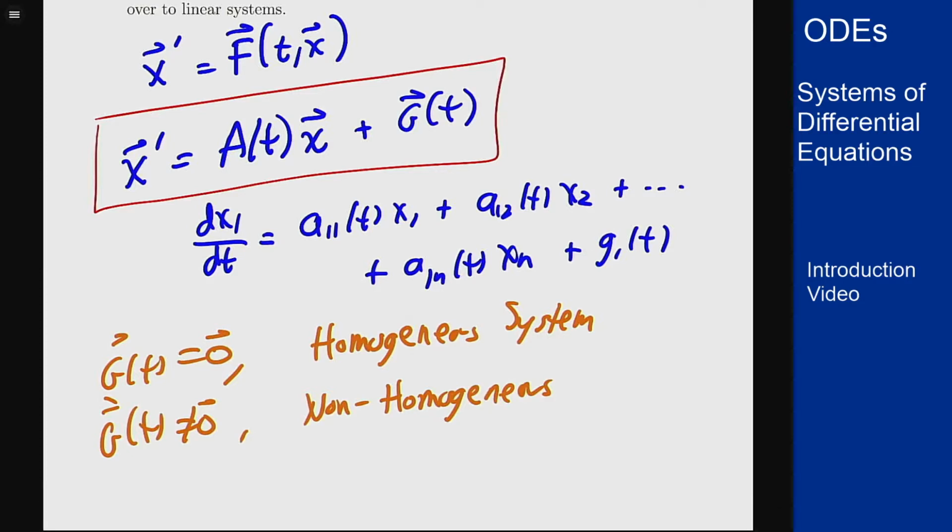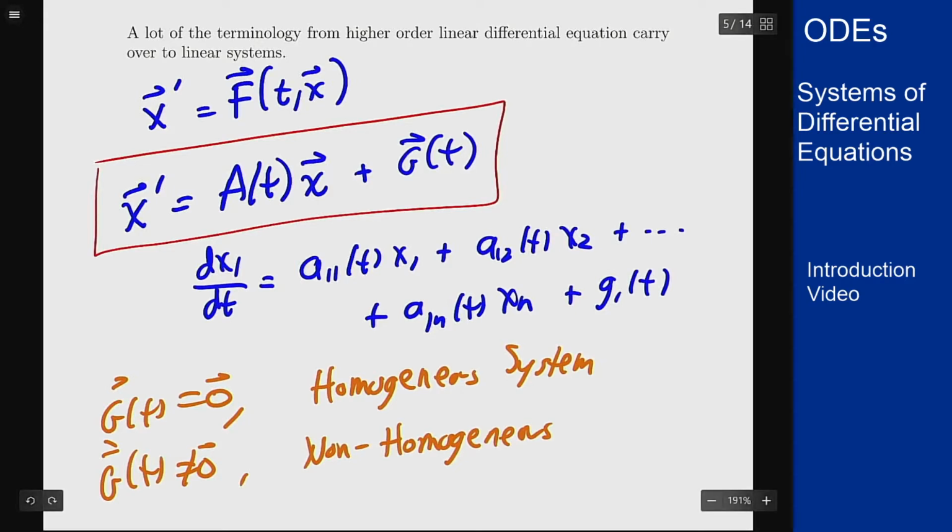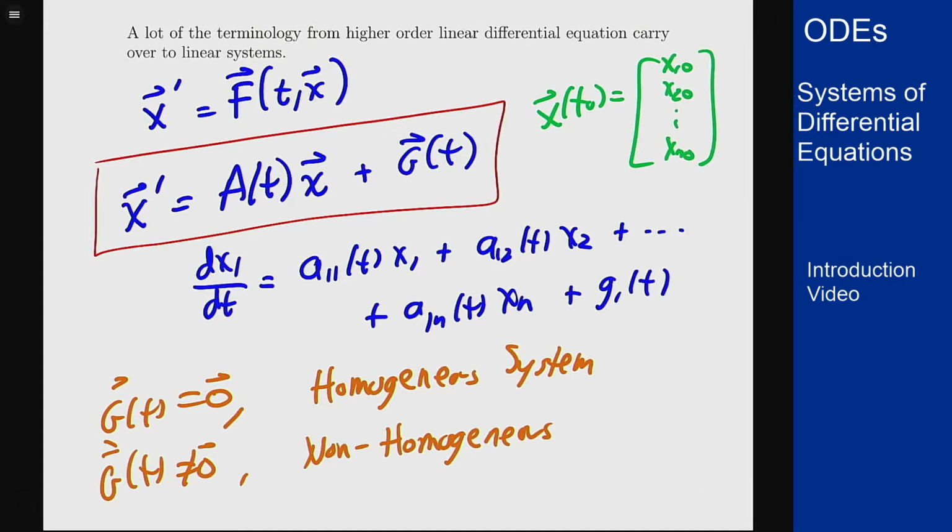Now for homogeneous equations, we had the idea of a general solution, which basically meant that I had enough solutions that I could hit every initial condition for this problem. In this case, initial conditions look something like x at t0 is some vector x1 0, x2 0, up to xn 0 of initial values at time t0. So I have n numbers there as a part of the initial condition.